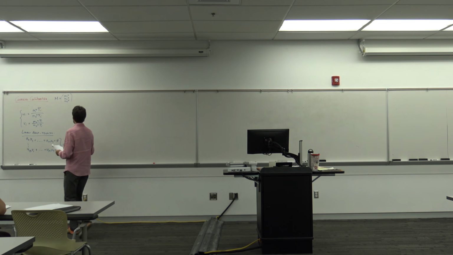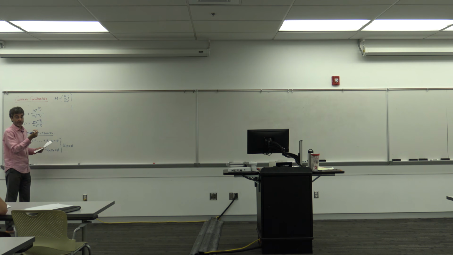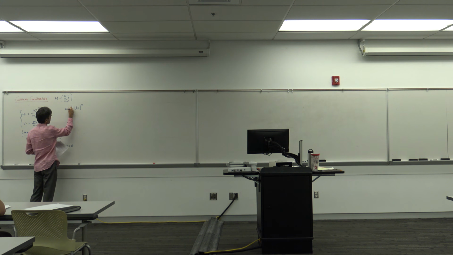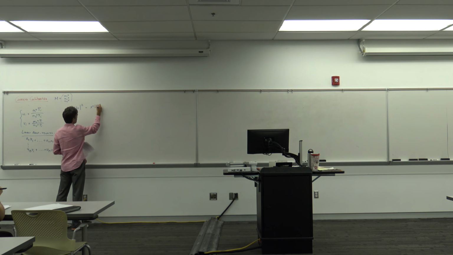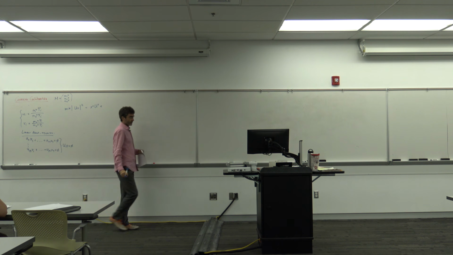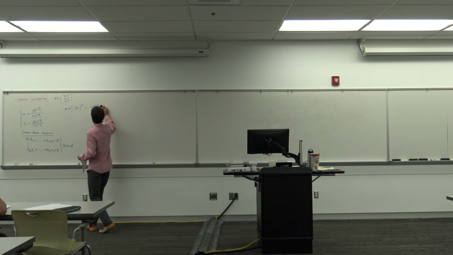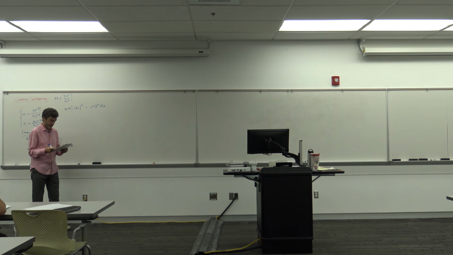And then linear least squares, remember, minimizes the least squares error, which is nothing else than the norm of Ux squared. I want to minimize this. And what's the norm of Ux squared? This is x transpose U transpose U x.